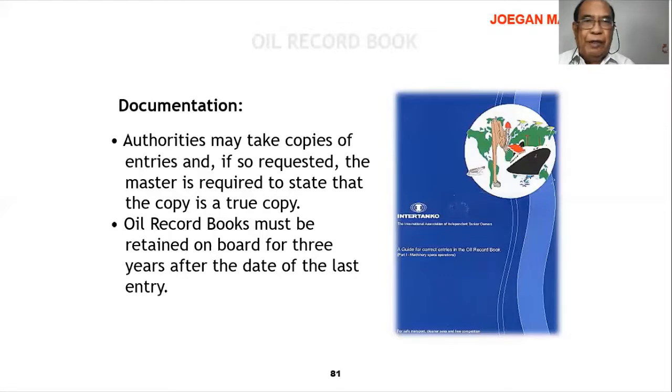Authorities may take copies of entries, and if so requested, the master is required to certify a true copy. The oil record book must be retained on board for 3 years after the last date of entry.